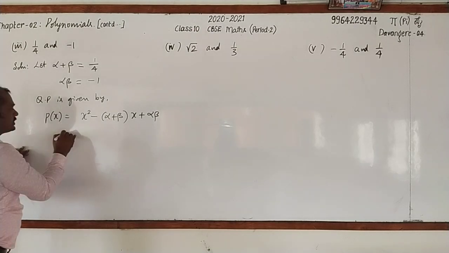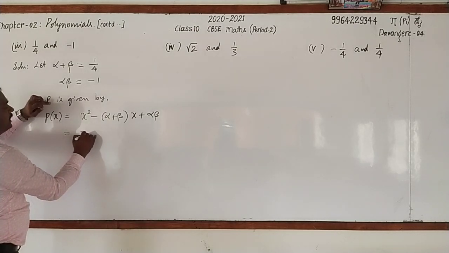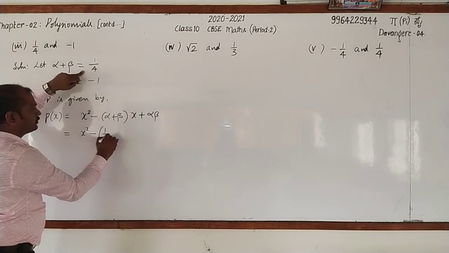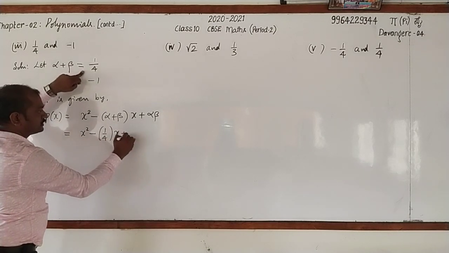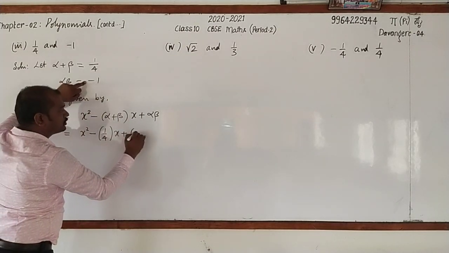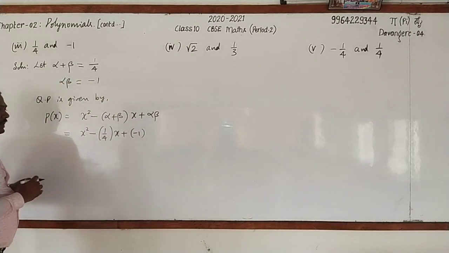Clear? Let's go for taking substitution. x square minus, what is alpha plus beta? It is 1 by 4 into x plus alpha into beta, minus 1 is there. So I am writing it inside the bracket.